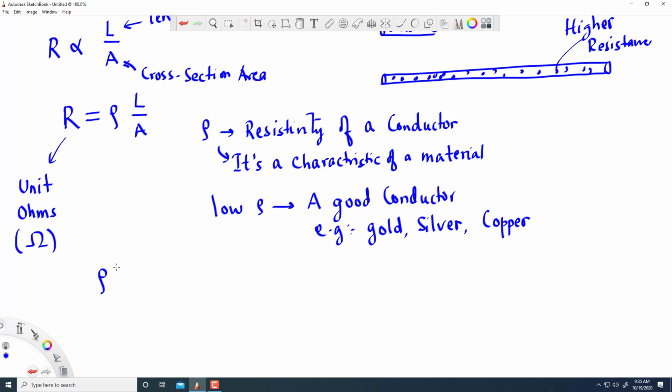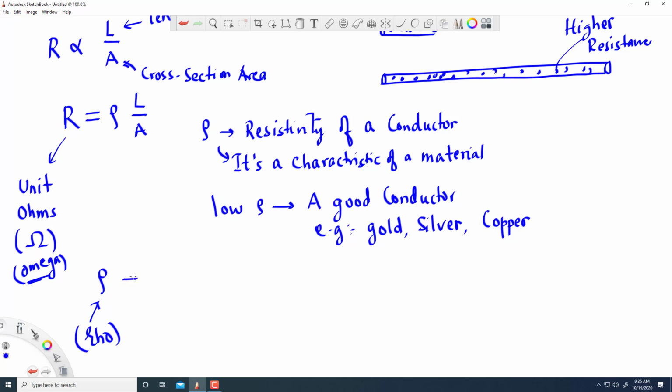Can you guys find out the unit of this rho? This is the Greek letter rho. This is omega. So, the unit is called ohms, the Greek letter omega, whereas this is called resistivity, the Greek letter rho.